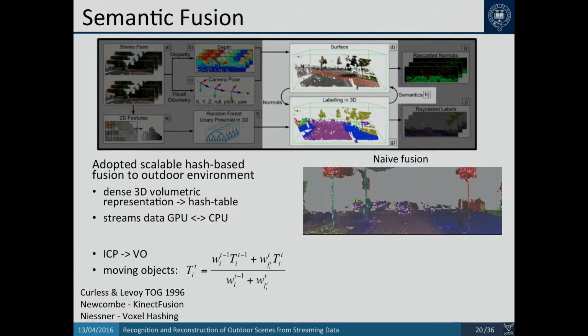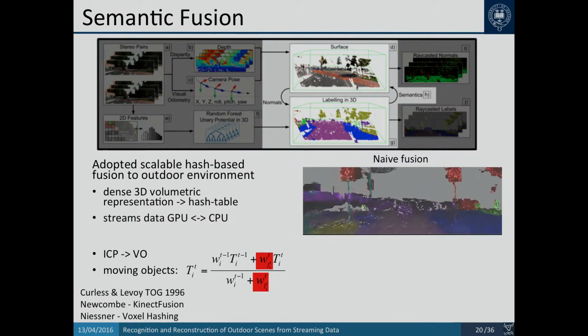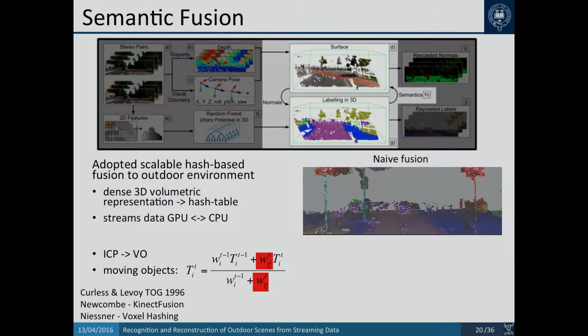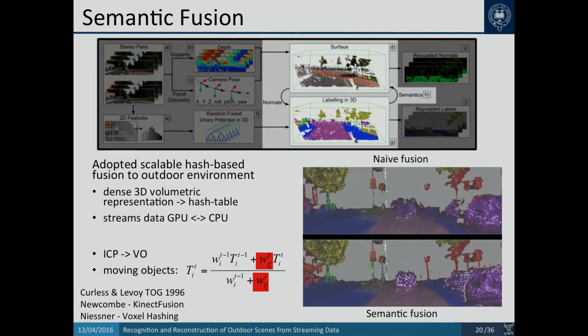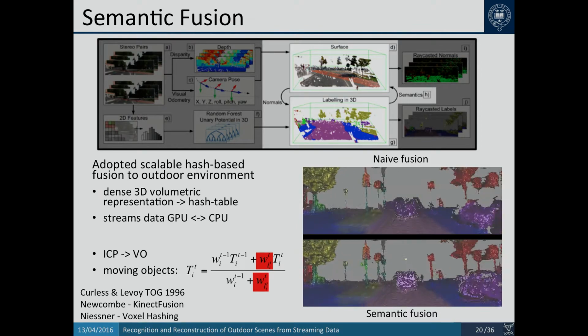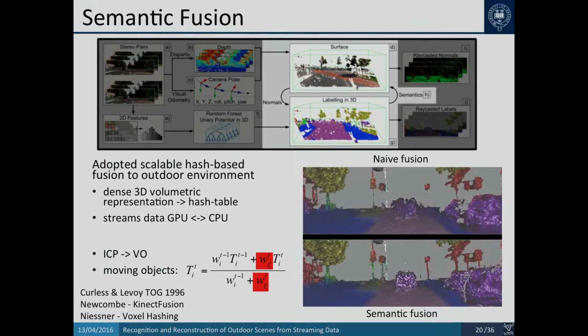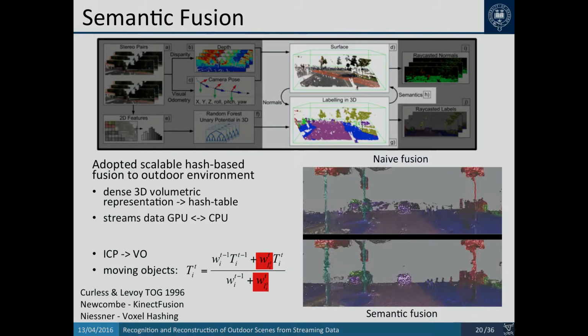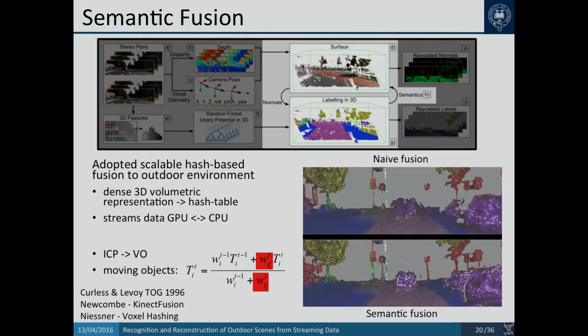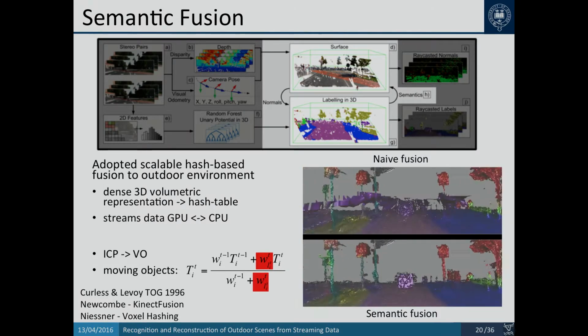So what we do is make this weight dependent on our semantic label, so that we can speed up the process of fusing the data in areas where we expect moving objects. These are typically labeled as cars or pedestrians, and in these areas we can fuse this data more efficiently, and we can get rid of these artifacts.